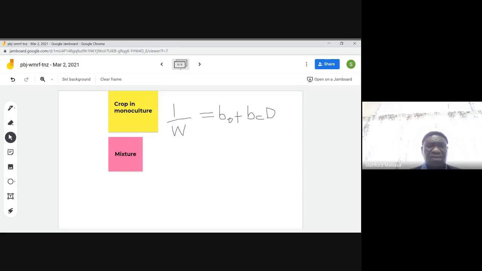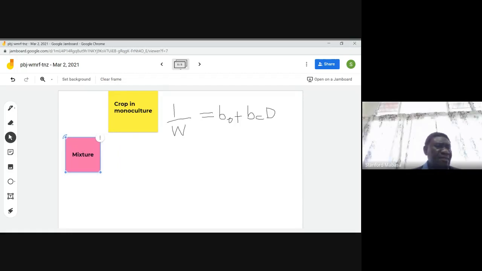So we wanted to have a look at a situation where we're having the crop and the wheat. Now we can write this expression to describe the situation in a monoculture. Let us now describe the situation in a mixture where we have got the wheat and the crop.